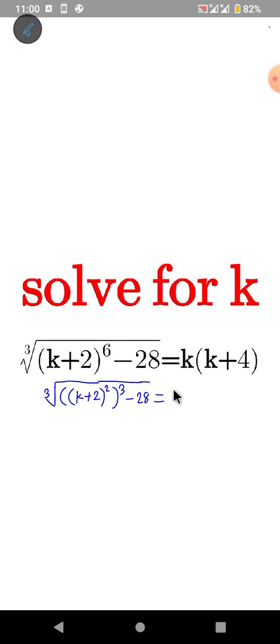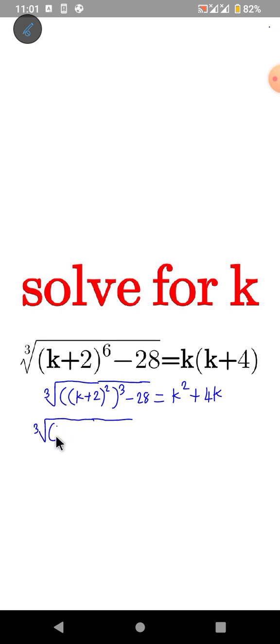K times k will give me k squared, plus k times 4 will give me 4k. Then now I'll continue again. I'll write the cube root, open my first bracket, then now I'm going to expand this inside.